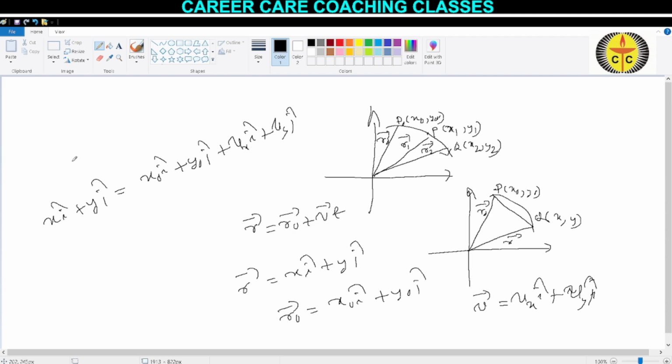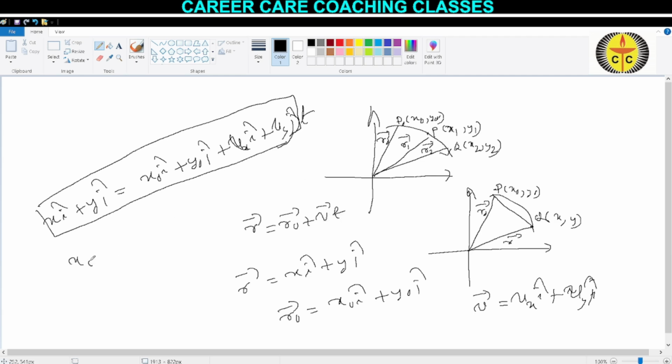Here vx and vy are the x component and y component of the velocity at this point Q. And the total expression will be like this, with vt, where t is multiplied.